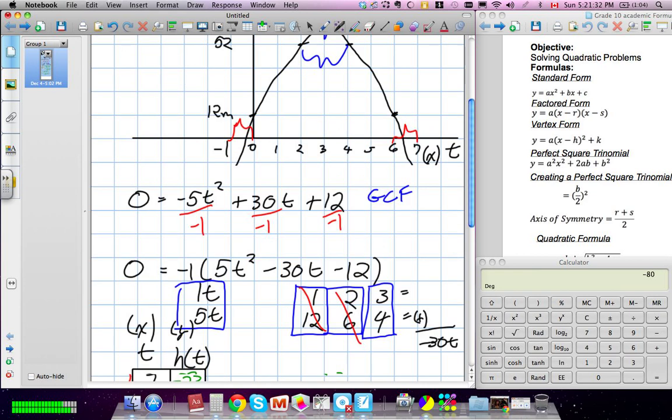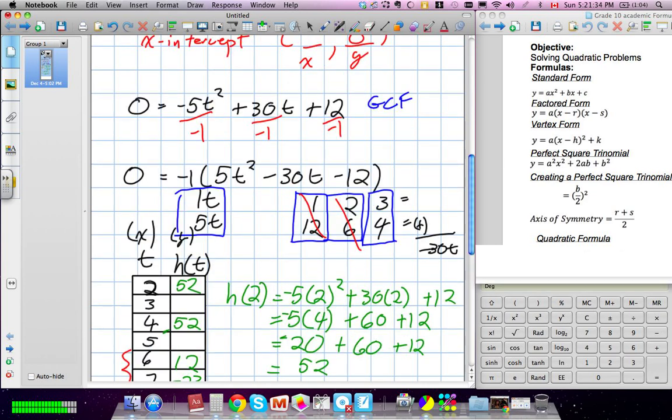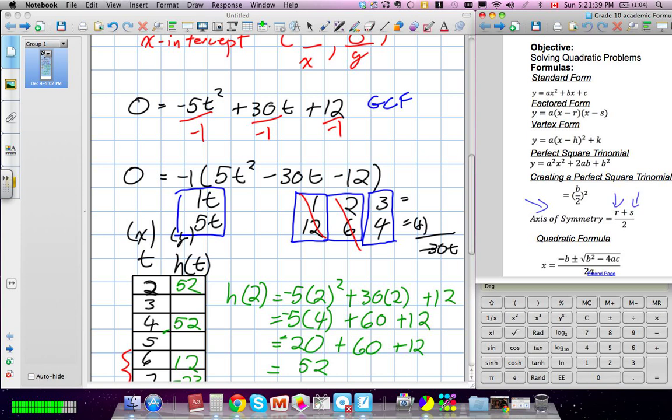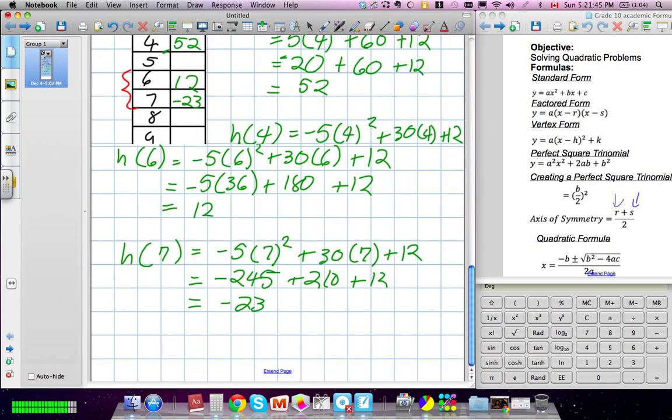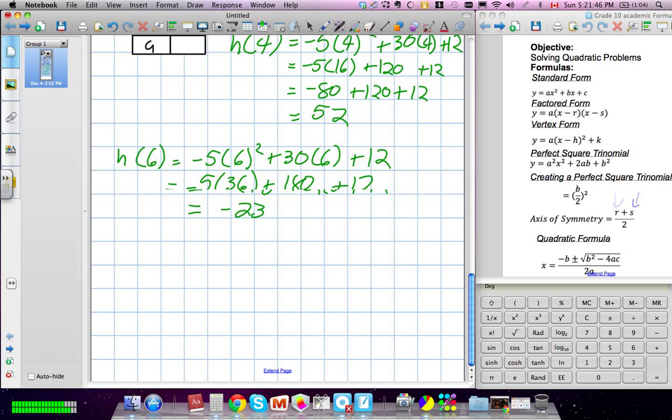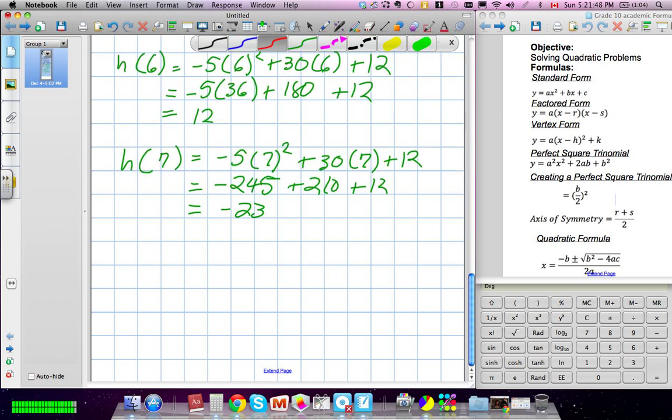Because, again, we can't use our axis of symmetry formula because I actually don't know what my r and s are, because I'm just guessing right now, okay? So let's figure out our h at 3. Our h at 3 is probably going to be our vertex.